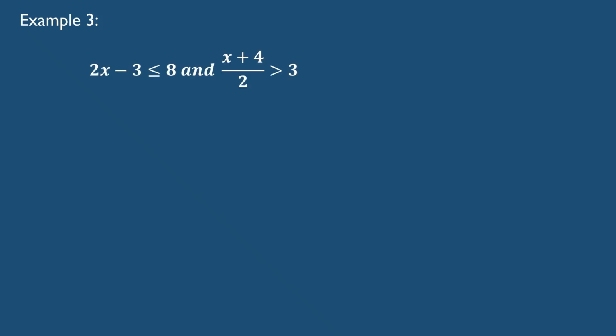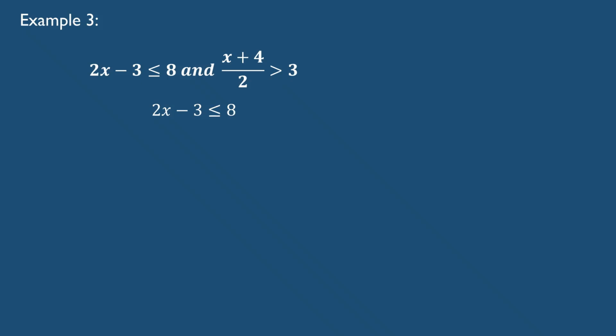Example 3. We have 2x minus 3 less than or equal to 8 and x plus 4 over 2 greater than 3. Here we need to find a common solution which is applicable for both inequalities. First, we have to solve these two inequalities separately. 2x minus 3 less than or equal to 8.